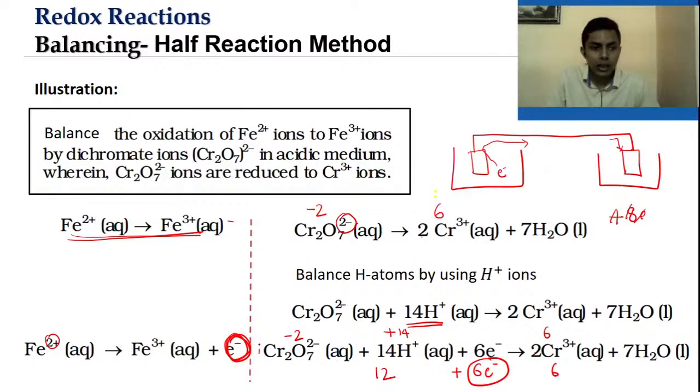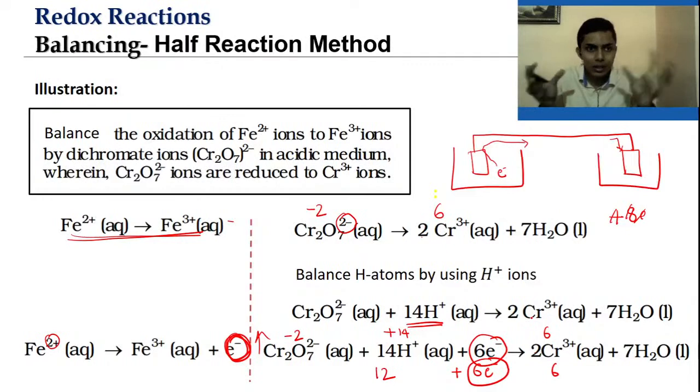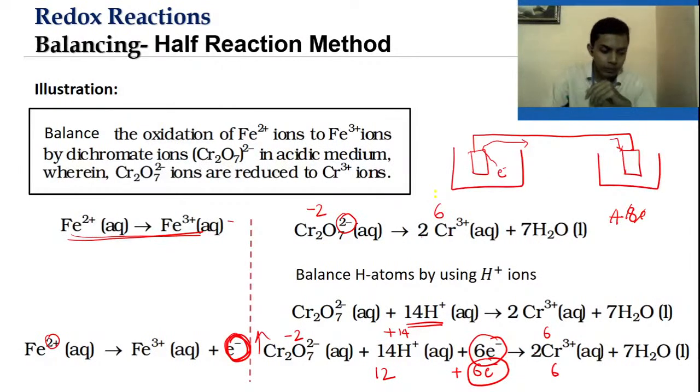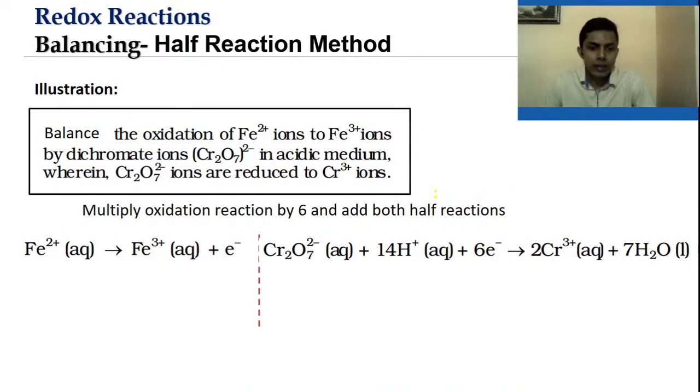Here electrons are released, and here electrons are needed, which come from oxidation. So these things depend upon this knowledge, that oxidation means electrons are lost, reduction means electrons are consumed.